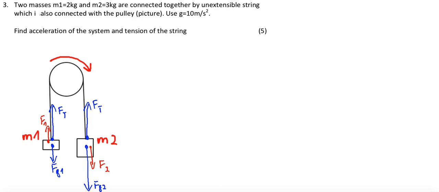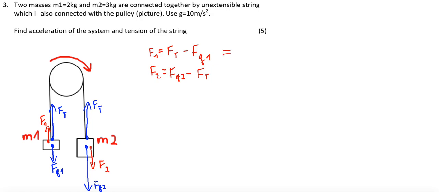So we have two equations. First equation for F1, that F1 is a difference between Ft and Fg1, and F2 is a difference between Fg2 and Ft.